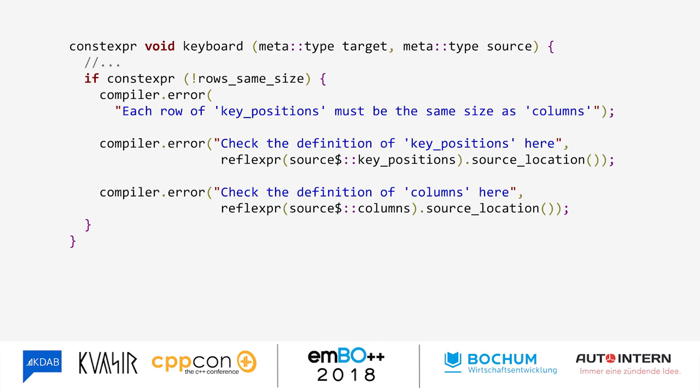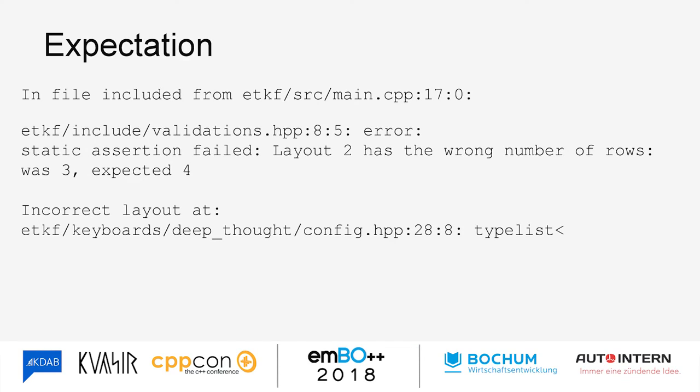And then I can use this source location thing. So I'm reflecting on this key positions in this column member type, and I'm saying, okay, give me the source location and emit a diagnostic there. So I think this goes quite a way to the expectation I had earlier.